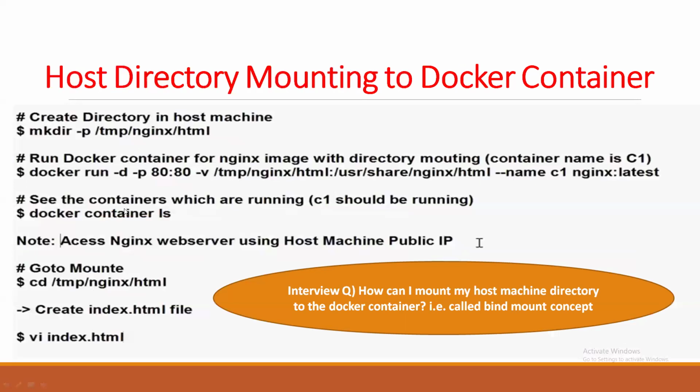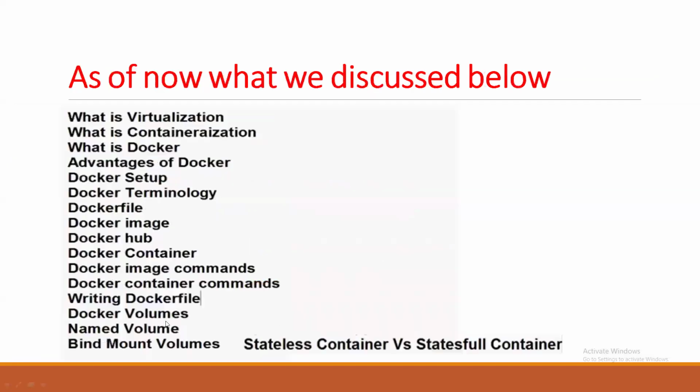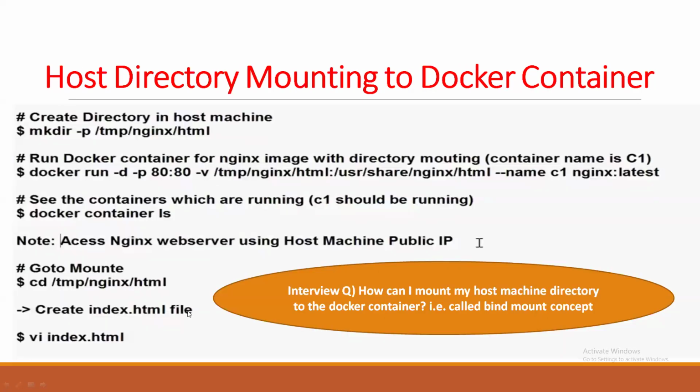See the containers which are running with docker container ls. Access the nginx web server using the host machine public IP. Go to the mount point, cd /tmp/nginx/html, and create an index.html file, with something like echo.